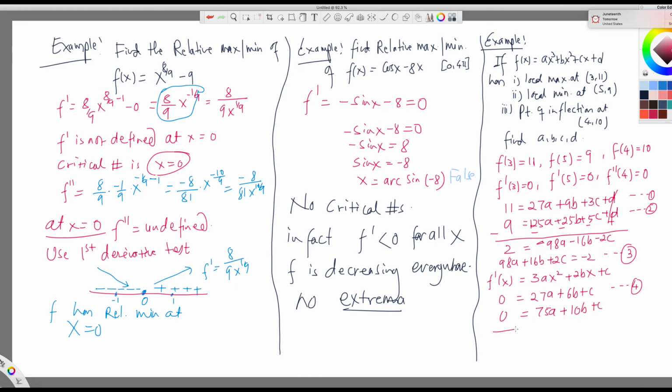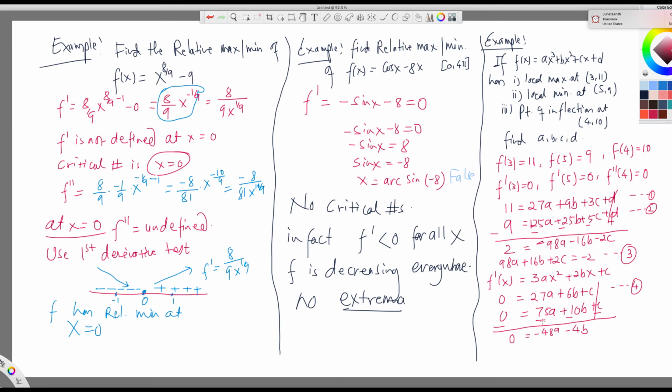And then you subtract those again. You cancel out c, right? 75 minus 27 will be how much? Is that 48a? Equals 0, and then minus 4b. You see that?